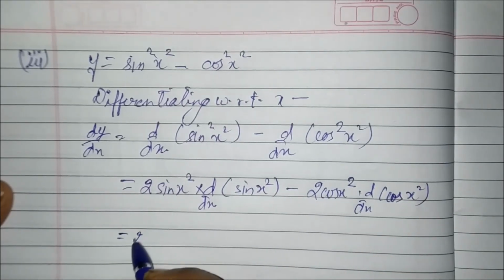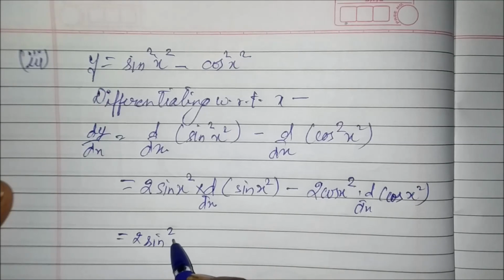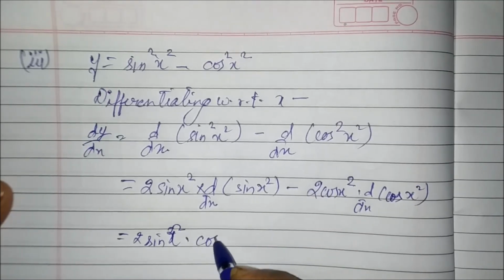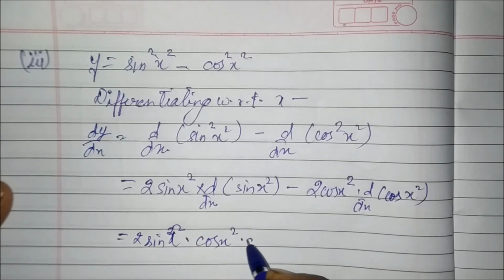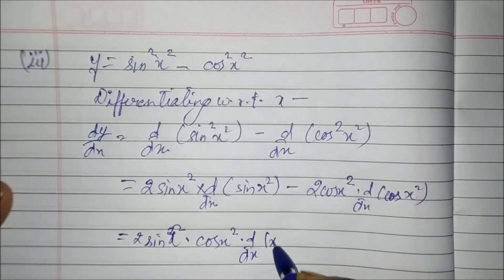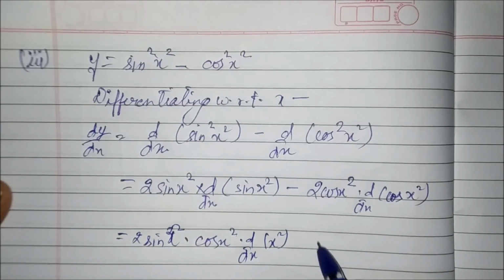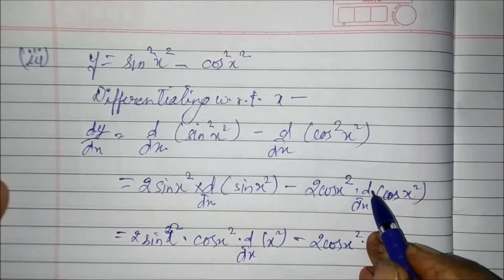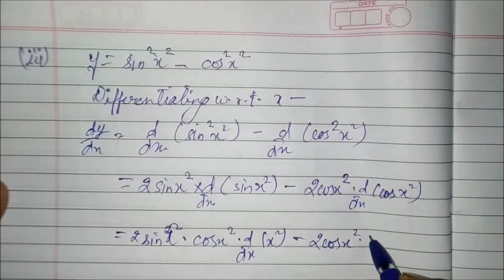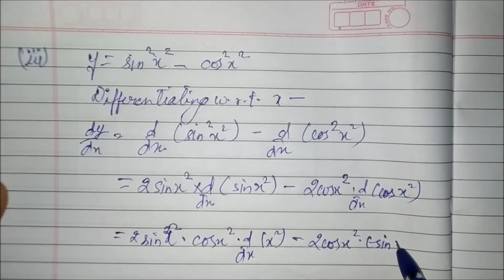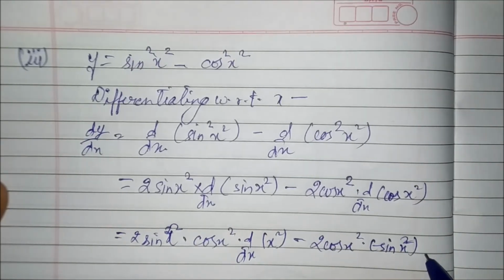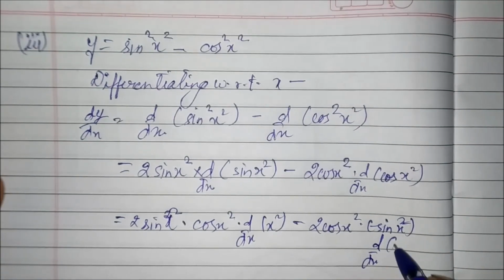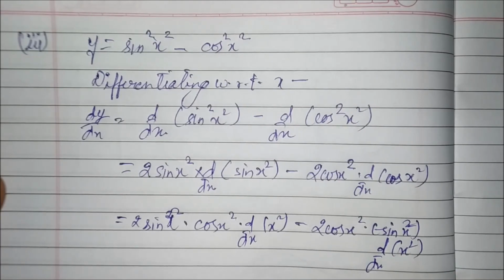In next step, 2 sine x square into derivative of sine is cos. So we have cos x square into d by dx of x square minus 2 cos x square into d by dx of cos is minus sine. So minus sine x square into d by dx of x square.